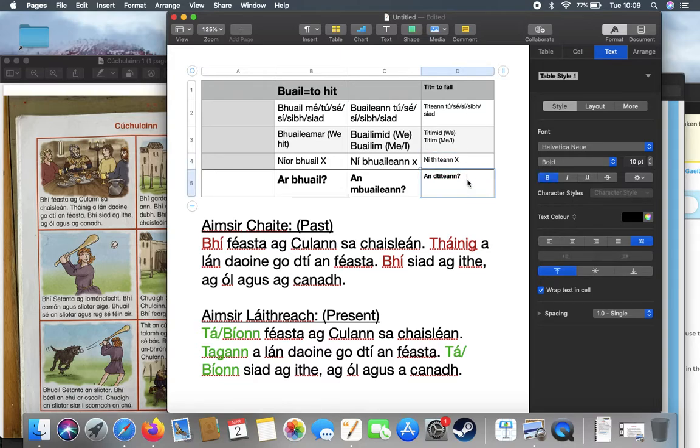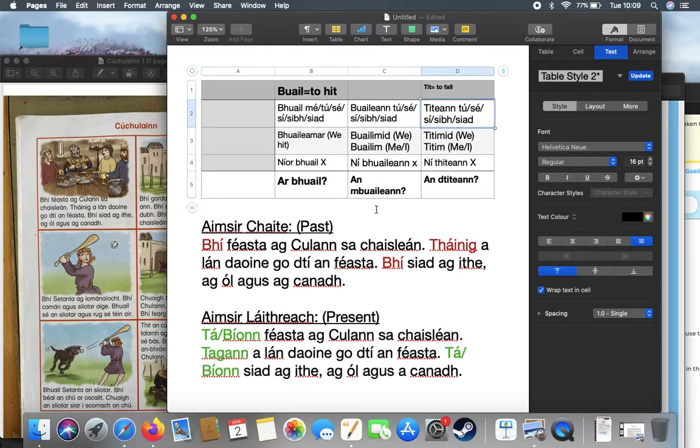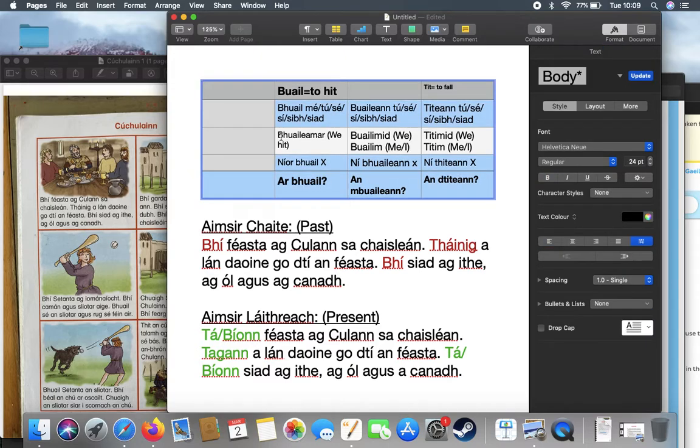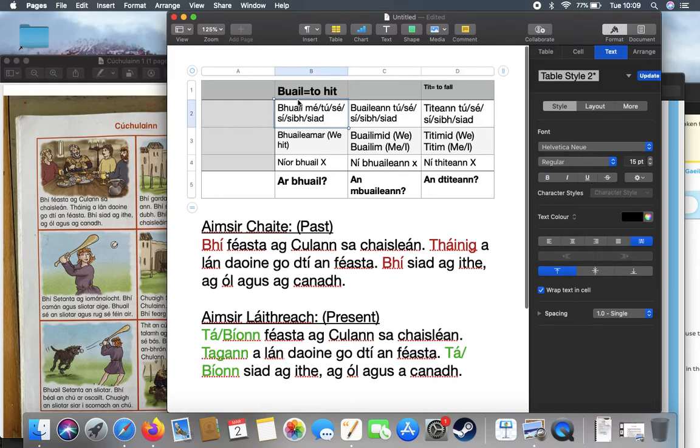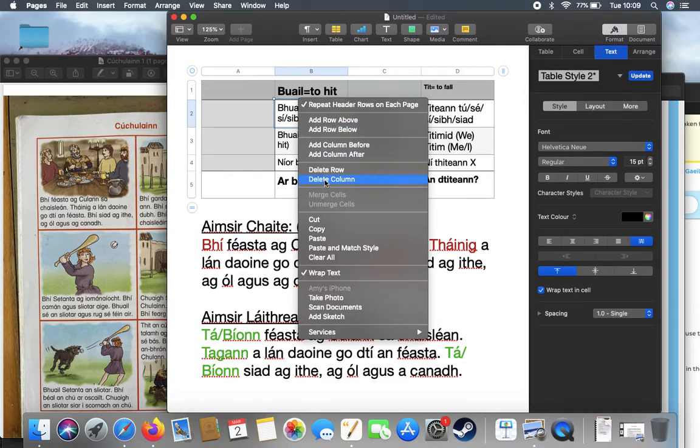It's not working for me today, right now. Oh, there you go. Just so you can see it a bit better. Okay, so they're the verbs, the only other verbs you'll need. The bhuail. Actually, I can probably get rid of, delete column.